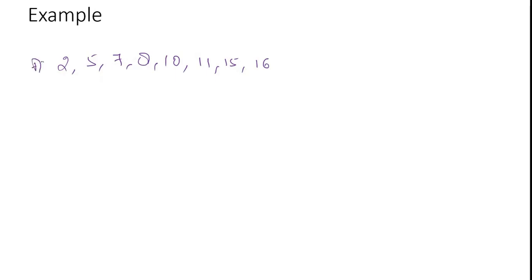So this is the array A, we can assume, and these are the indexes 0, 1, 2, 3, 4, 5, 6, 7. So the number of elements here is 8. And we are considering the index starting position 0. We can consider 1, 2, 3, any approach we can follow. We are taking 0 because we want to make it closer to the programming language. So these are the indices.